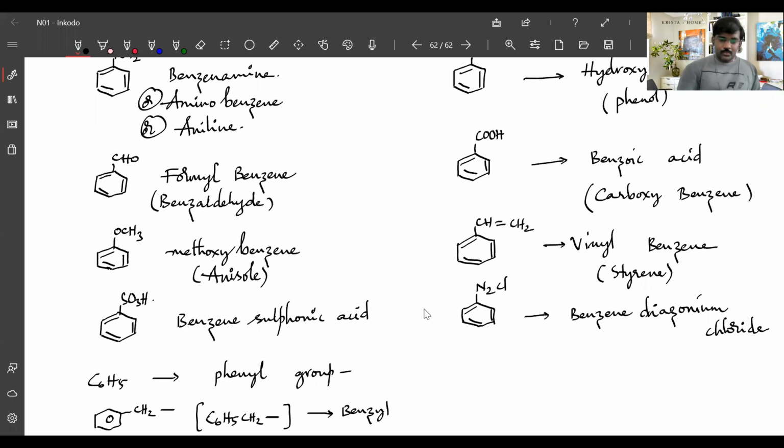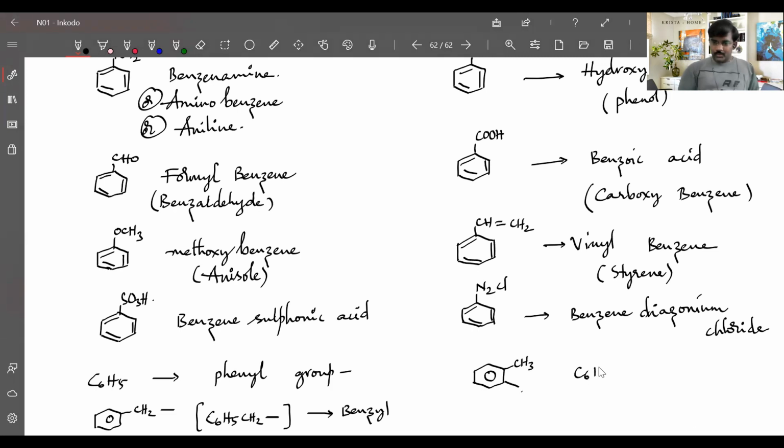Next, sometimes we attach like this on the benzene ring. Here the benzene ring is attaching to the parent chain, but there is one methyl group present on it.